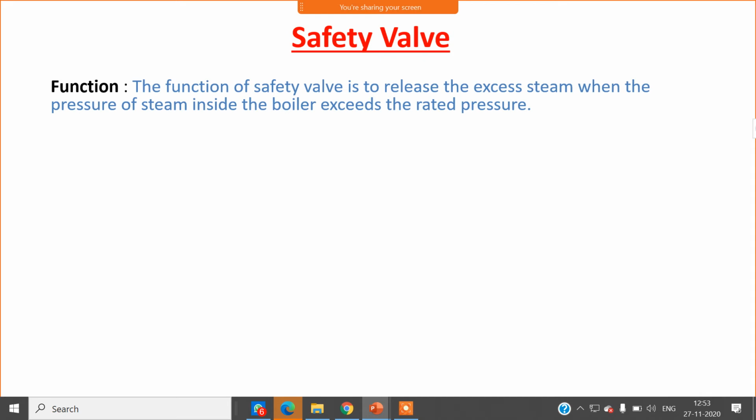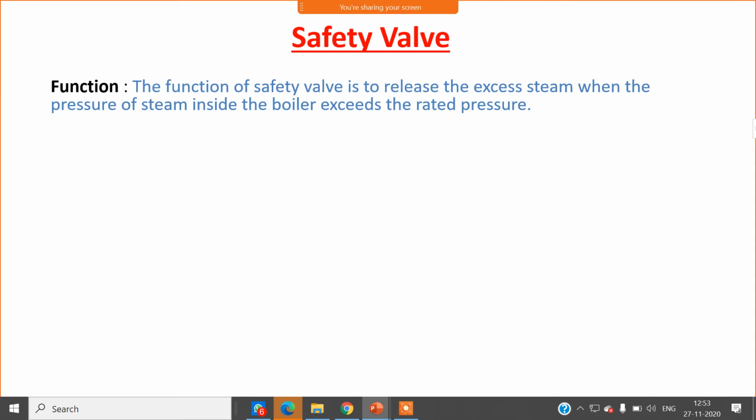If the boiler pressure is above the working pressure, in that case the safety valve comes into action and opens, and it allows excess steam to escape into the atmosphere so that the working pressure can be maintained. When the safety valve opens, it allows the excess steam to escape into the atmosphere, and this safety valve closes when the steam pressure comes below the working pressure.